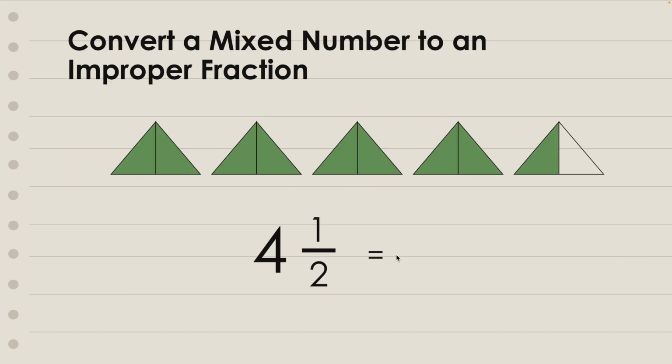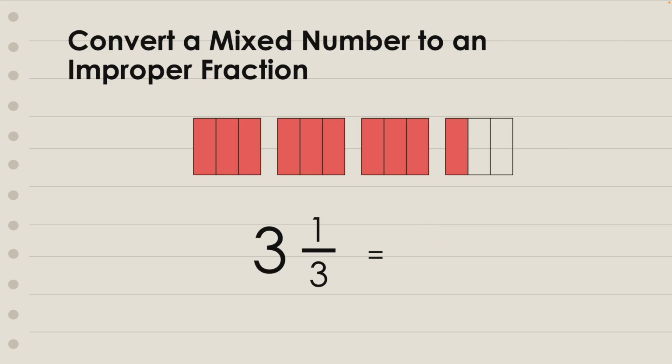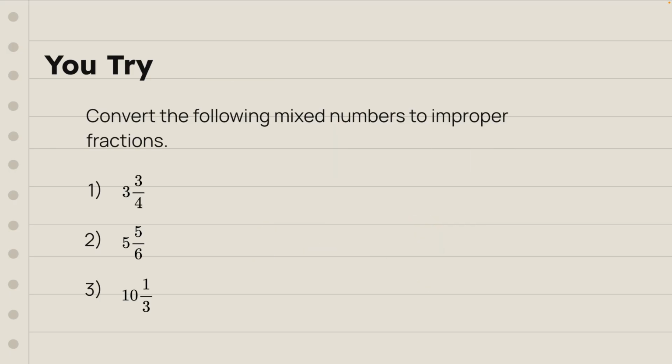Okay, so for this one, I'm going to do 2 times 4 plus 1. Gets me to 9 over 2. And here I'm going to do 3 times 3 plus 1, which gets me to 10 over 3. So I want you to try these 3, convert the mixed numbers to improper fractions.